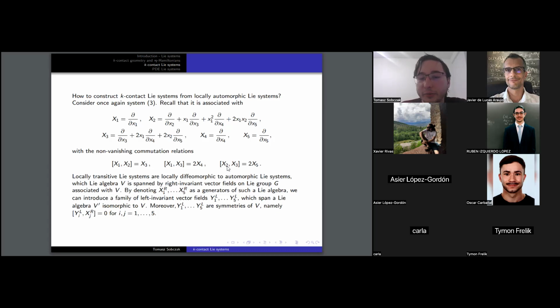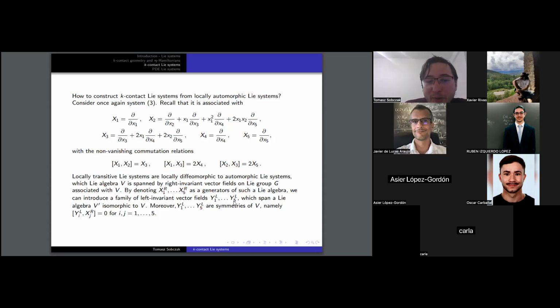This is very useful because if we can say that those vector fields are right or left invariant, depending on how we say it, then we know that there is a family of left invariant or just opposite invariant vector fields, in this case Y1 to Y5, which spans the Lie algebra V' isomorphic to V. And why is this important?